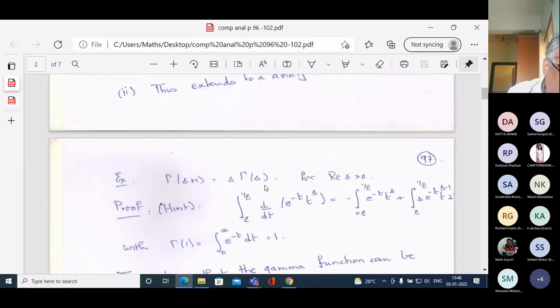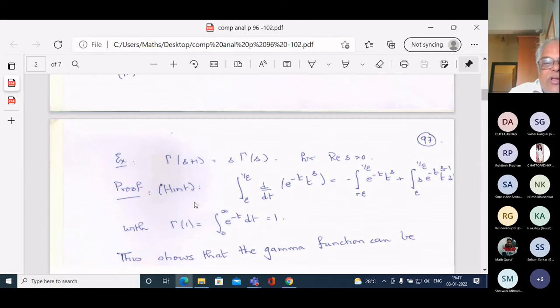Now, what does meromorphic mean? Meromorphic means that it can have only poles, and the poles cannot have any limit points. That means in any finite region there exist only finitely many poles. I don't think I have said that in this class yet.